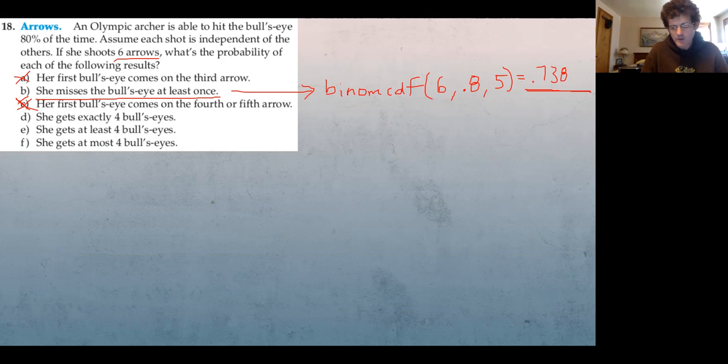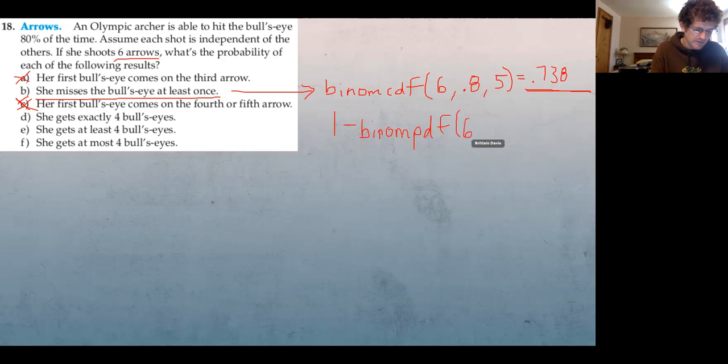There are multiple valid ways of doing this. You might have realized the only way of failing at this scenario is if she hits all 6 of them. So what if I just did 1 minus the probability that she hits exactly 6 of them?